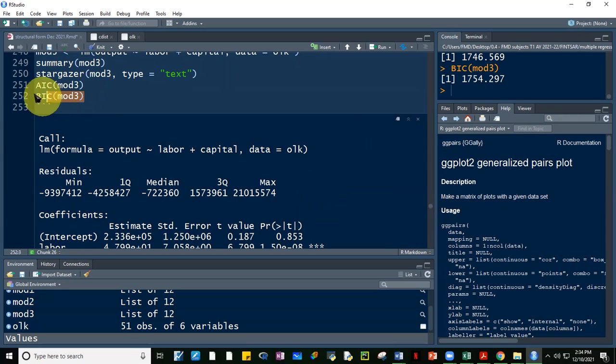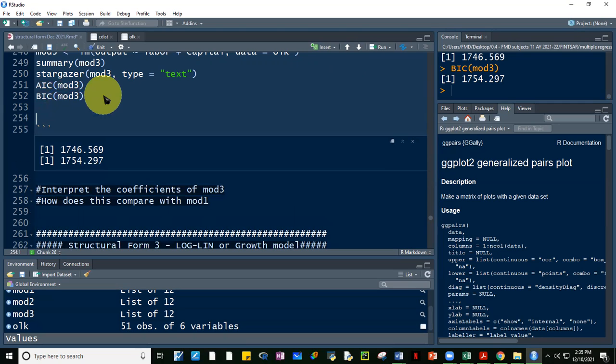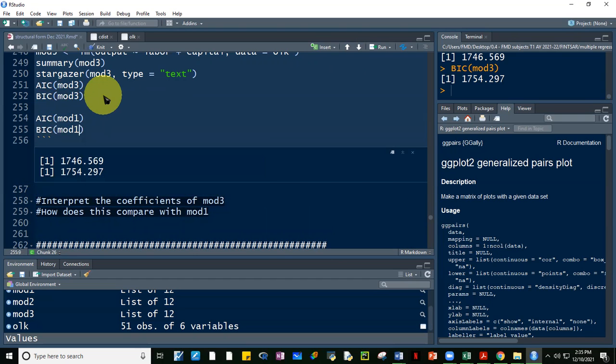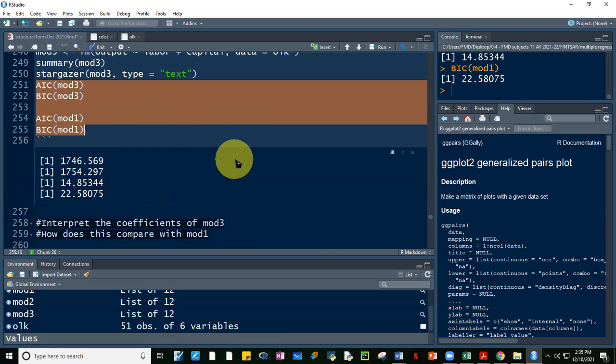Let's look at their AIC and BIC. In terms of the Akaike and Bayesian information criterion, which is better? Aubrey, which one? Comparing AIC of model 1 and BIC of model 1, let's look at these four.